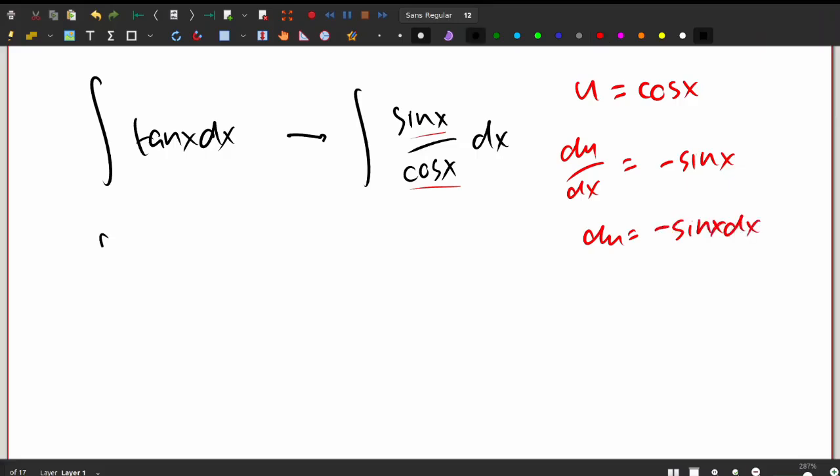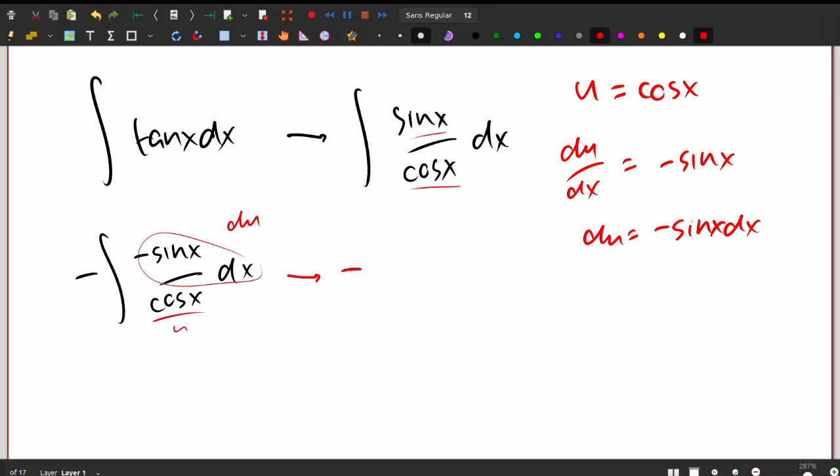So I'm going to once again rewrite this integral. I'm going to make it negative sine x over cosine x dx. And now our negative sine x dx is going to become du, and our cosine x is going to become u. So this integral has now transformed into negative integral of du over u, where our u is equal to cosine x.